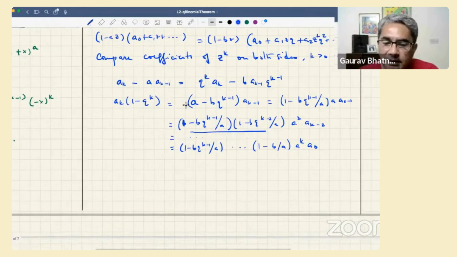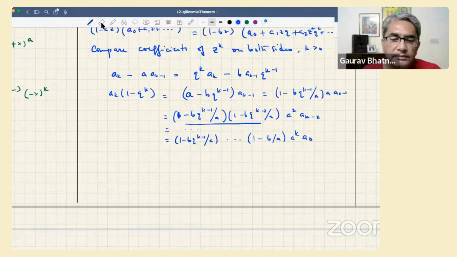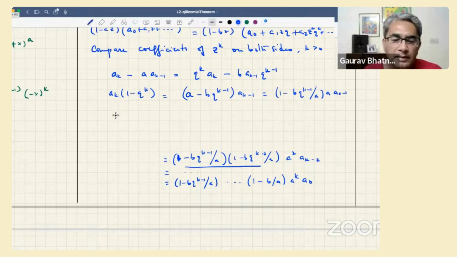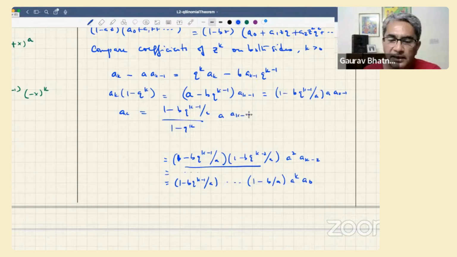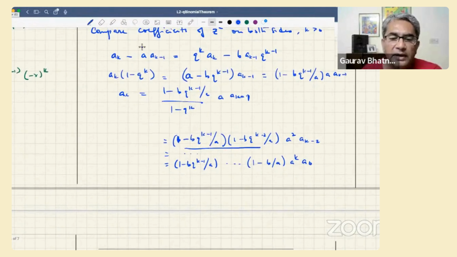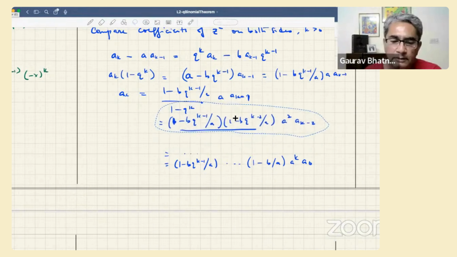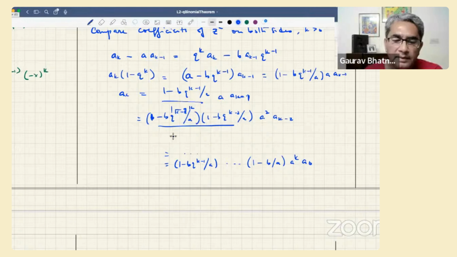So, okay, I should say, hang on. So a_k is (1 minus bq^(k-1)/a) divided by (1 minus q raised to k) times a times a_(k-1). So now we can iterate this.